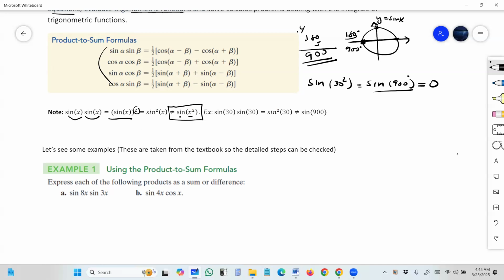Okay, so how about sine 8x, sine 3x? We have to look for the formula that has two sines, right? And which one is it? Obviously it's the first one, the one that has two sines, which means that the 8x is my angle alpha and the 3x is my angle beta.